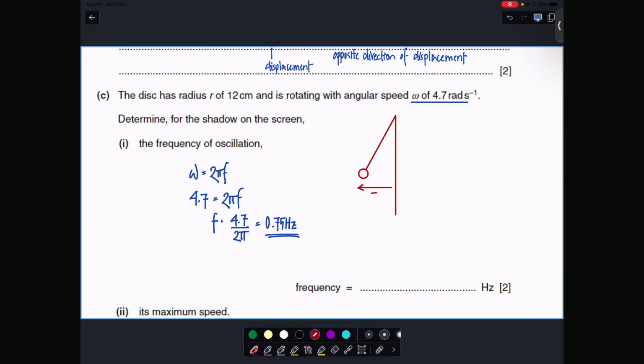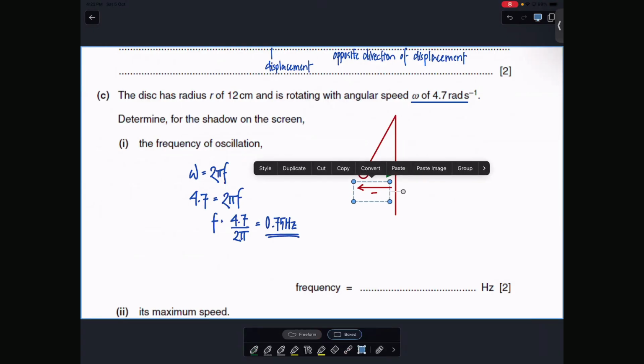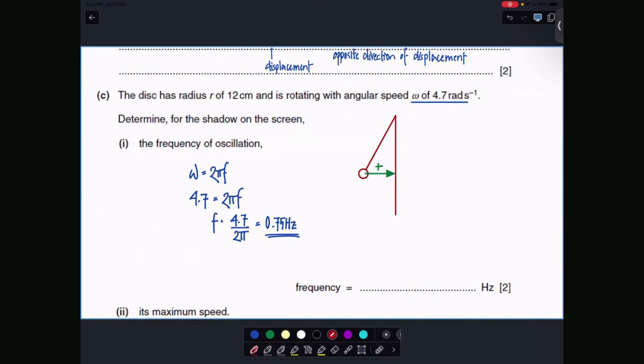You'll find that the restoring force, the force that is bringing it back in, acts the other way, which is positive. So you always have your displacement and acceleration acting in opposite directions. It is impossible for displacement and acceleration to act in the same direction in this scenario, because if you push it to the left, it will try to go to the right and vice versa.